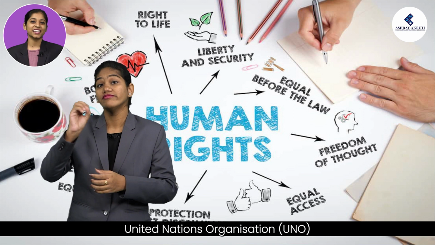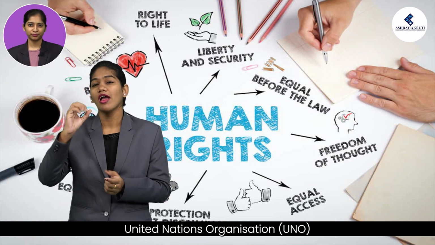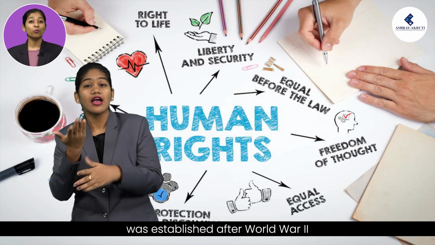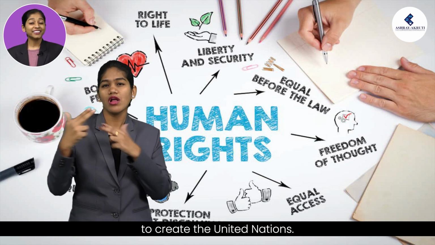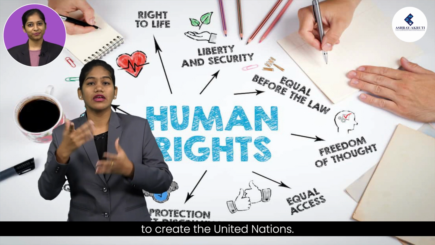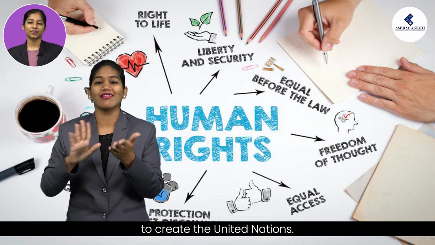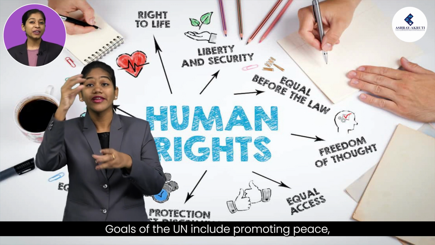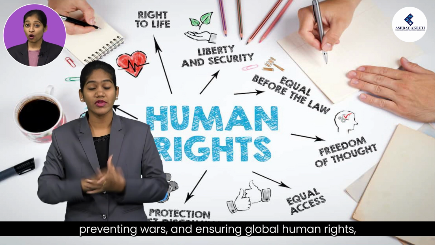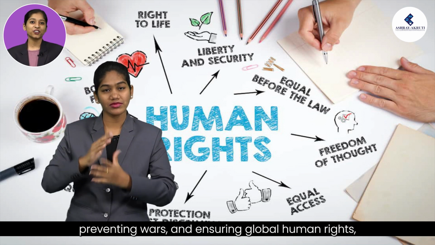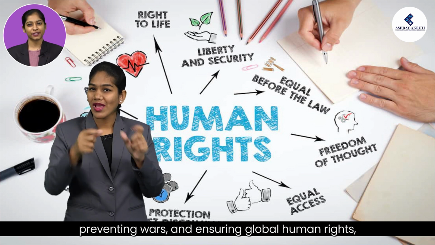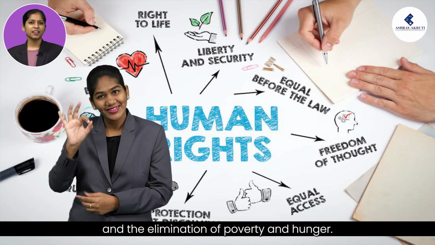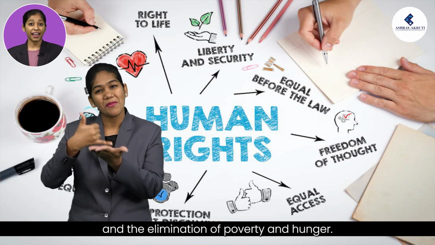United Nations Organization, UNO. The UN Charter was established after World War II to create the United Nations. Goals of the UN include promoting peace, preventing wars, and ensuring global human rights, democracy, and the elimination of poverty and hunger.